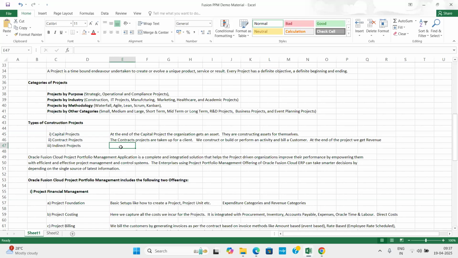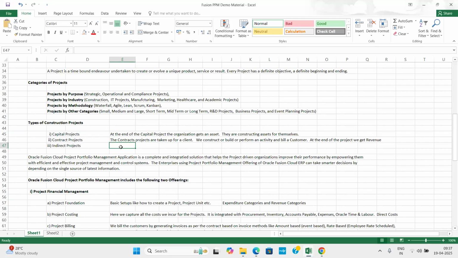You may have around 10 projects, and these people will work on all 10 projects. So the amounts you have spent on these indirect projects are spread across all the projects that they work on. They are not meant only for one project.